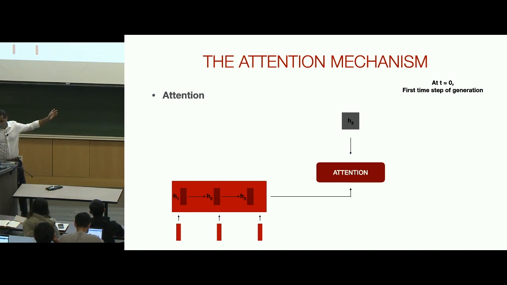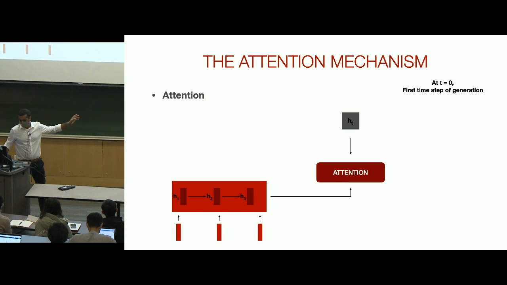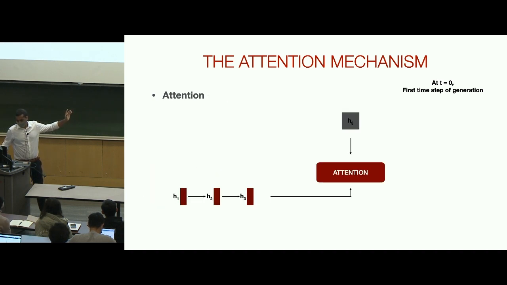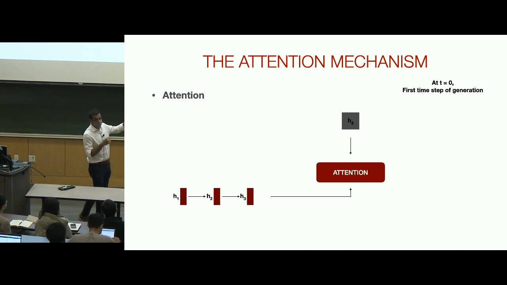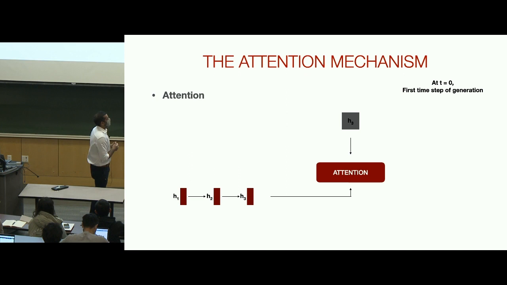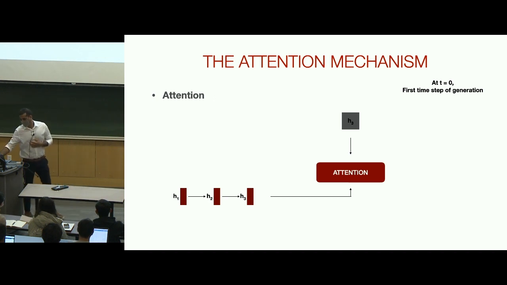So we have two kinds of inputs going to the attention. One is the hidden states of the encoder, which we are in some magical way going to combine to generate the output. The second type of input is used to find how we're going to combine the hidden states of the input.